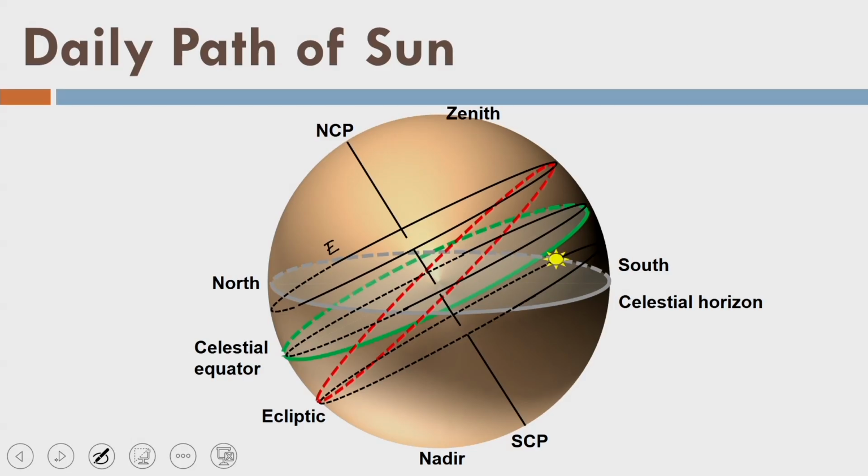Okay, the third position we are explaining here, because the sun is in the southern hemisphere. So, this is the path of the sun. You can feel that the sunrise to sunset time is very small, because the length of the path of the sun is comparatively short above the celestial horizon of an observer.